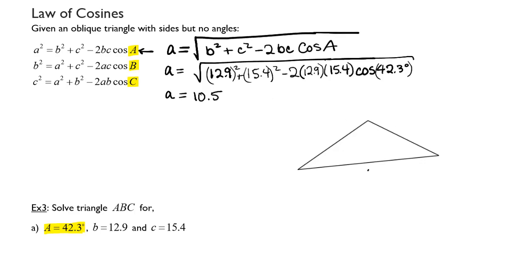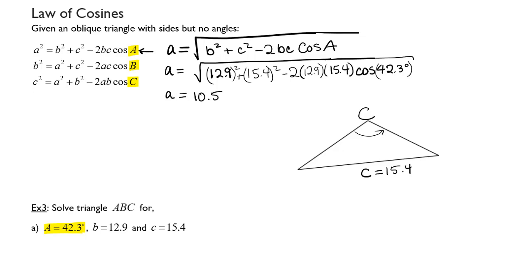So clearly C is the longest side, which means angle C will be the longest or largest angle. And so we can then solve for cosine of C, which can be done by bringing everything else to the left side.